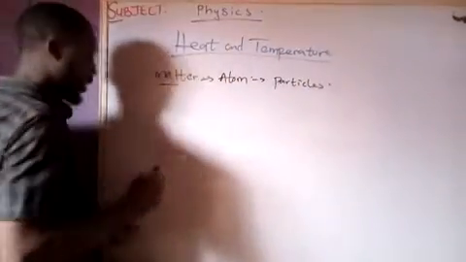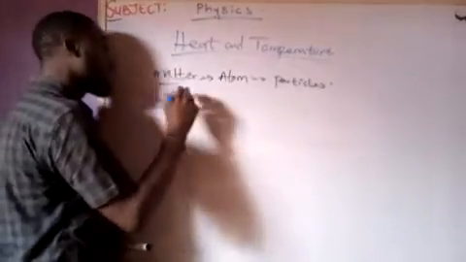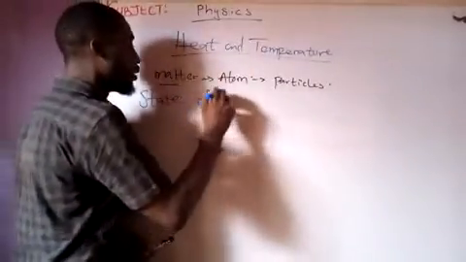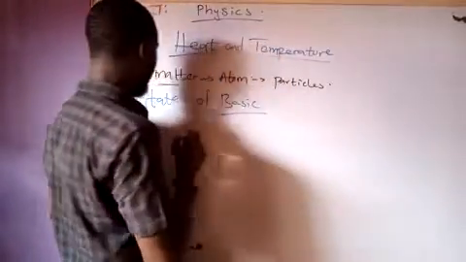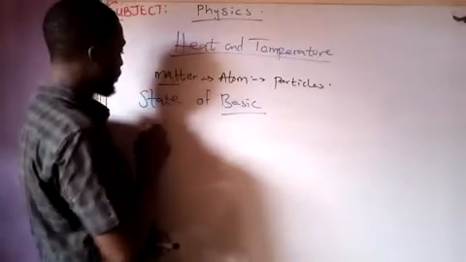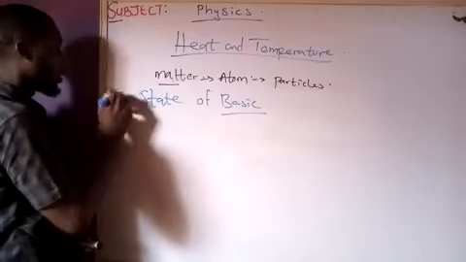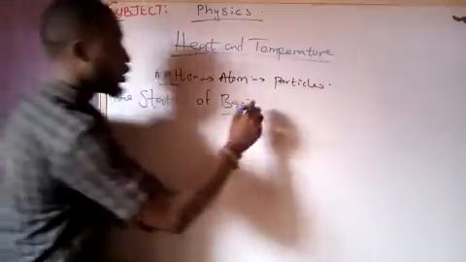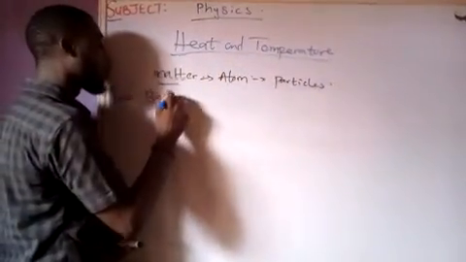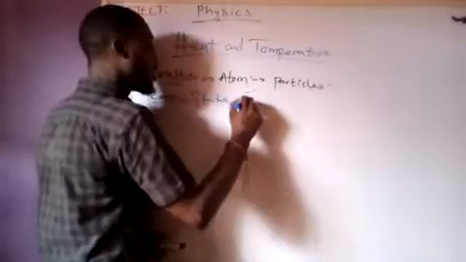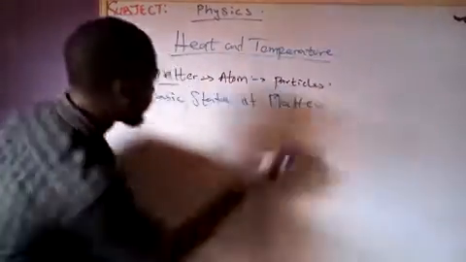So remember that we have states of matter. You can remind me of the three basic states of matter. The word basic is very important. So we have three of them.